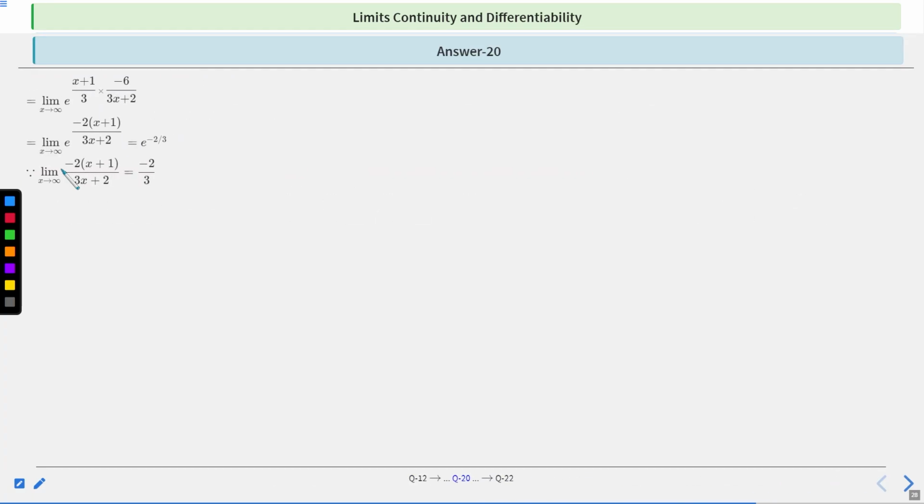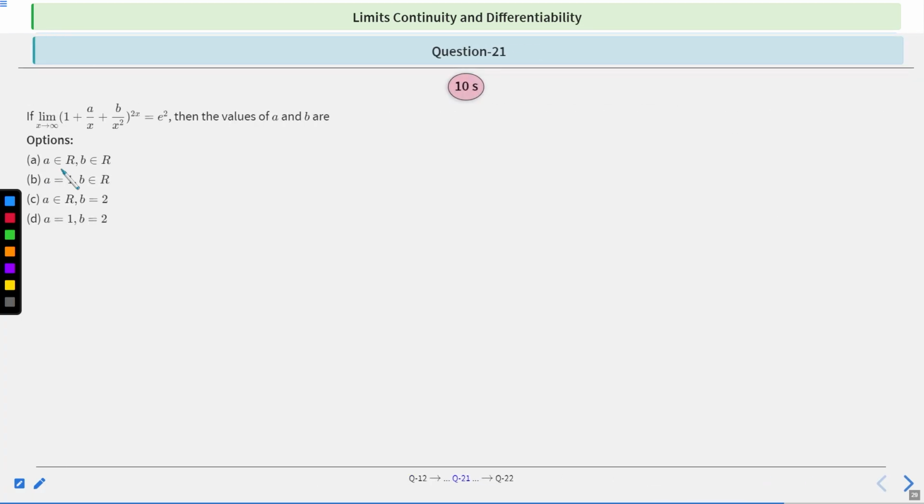Question number 21, which says if limit x tending to infinity of (1 plus a by x plus b by x squared) to the power 2x is equal to e to the power 2, then the values of a and b are. So you have 10 seconds to solve this question. After 10 seconds, we will discuss the solution. Okay.